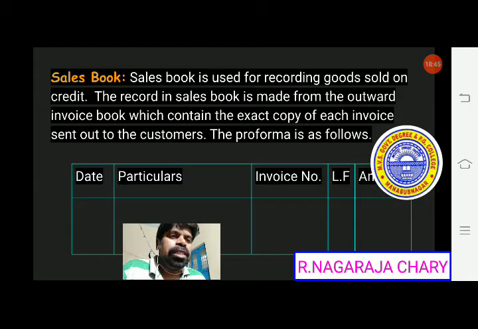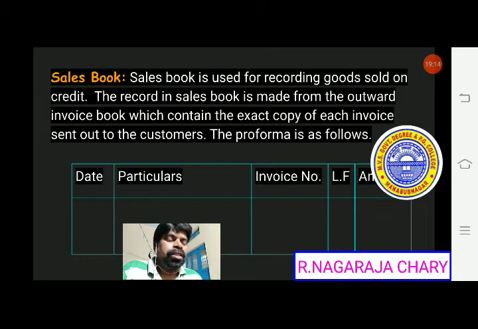The sales book gives us sales information on credit basis only. Here also, we do not write any cash sales. If it is cash sales, you have to write it in some other place. So here you have to write only credit sales.